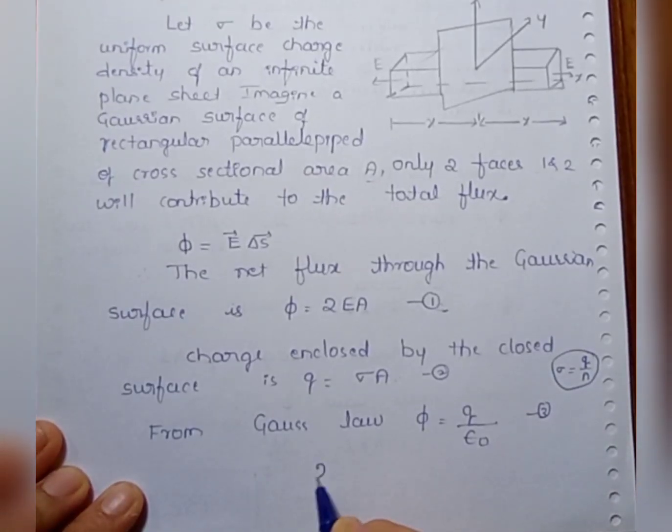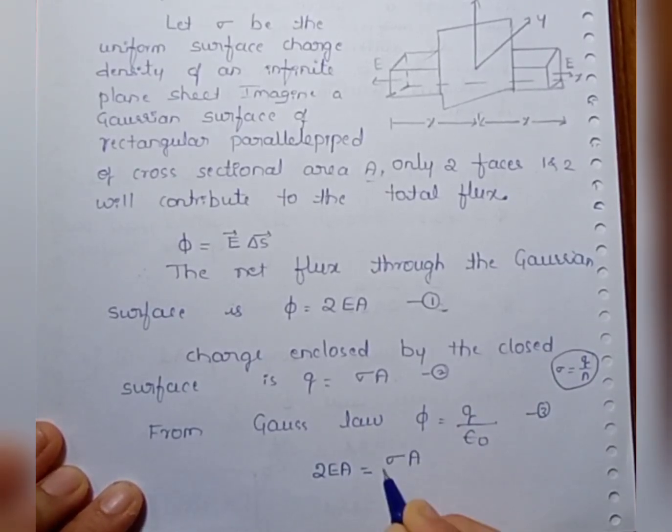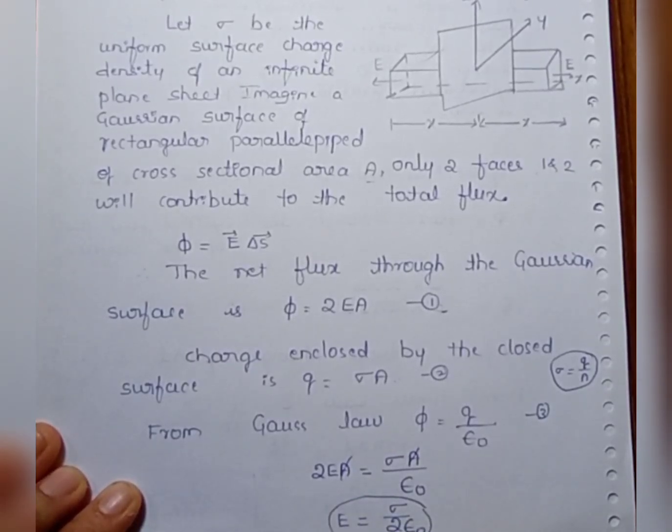Then we get 2EA is equal to, by equation 2, Q written as sigma into A, so sigma into A divided by epsilon naught. Here A gets cancelled, and finally we get E is equal to sigma divided by 2 into epsilon naught. This is the expression for the electric field due to a uniformly charged infinite plane sheet.